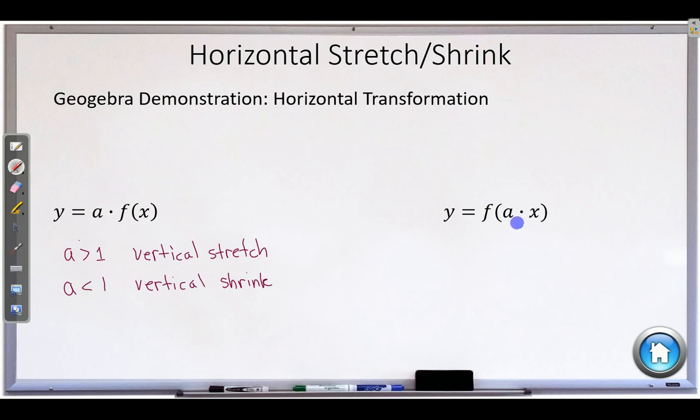When we talk horizontally, that all gets flipped. If this A is greater than 1, we have a horizontal shrink. And if A is less than 1, we have a horizontal stretch.